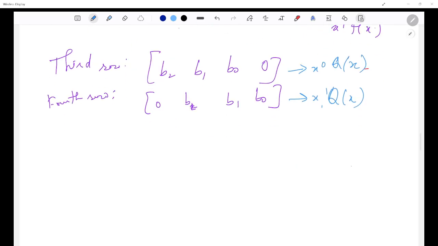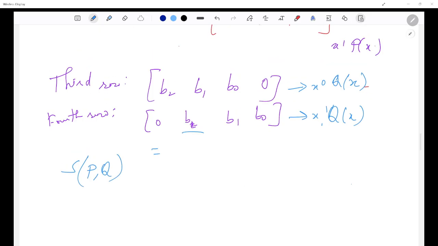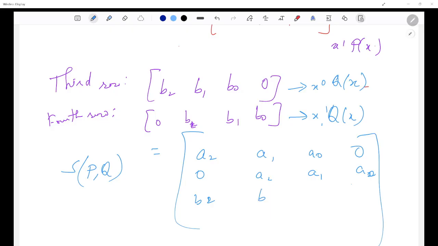Then we assemble the Sylvester matrix, which is basically the following matrix: a2, a1, a0, 0; 0, a2, a1, a0; b2, b1, b0, 0; 0, b2, b1, b0. So this is the answer to this question.